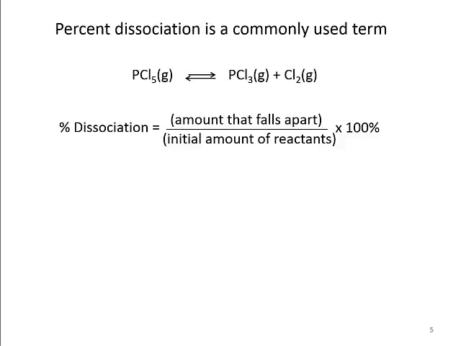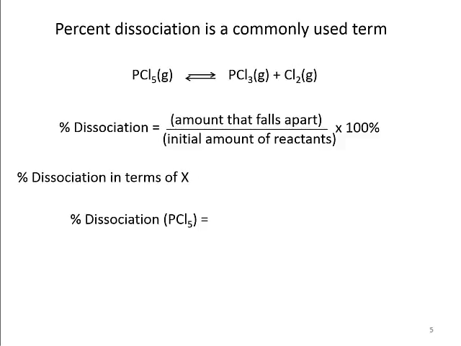So in this case of PCl5 dissociating, in solving an equilibrium problem, we create the equilibrium table, and X often represents the amount of reactant that has fallen apart, and so percent dissociation can be given in terms of that variable from the equilibrium table, X. In this example, the percent dissociation of PCl5 would be X divided by the initial amount of PCl5 in molarity, where X represents the amount that falls apart, and then of course if you want it to be a percent you need to multiply by 100%.